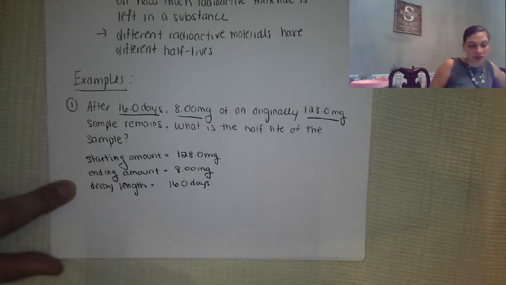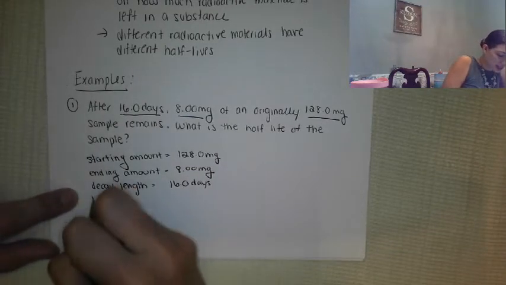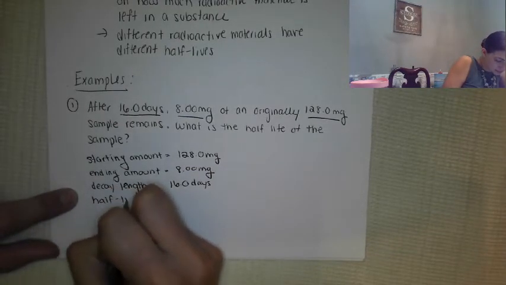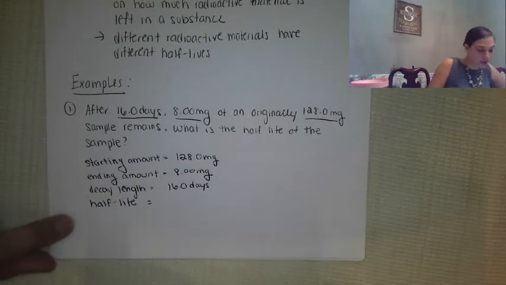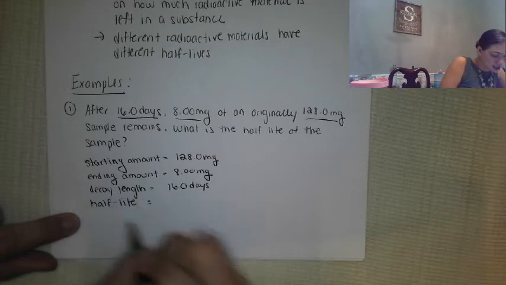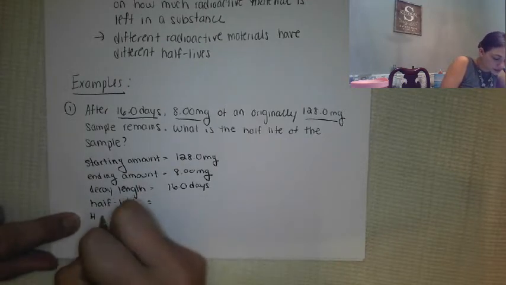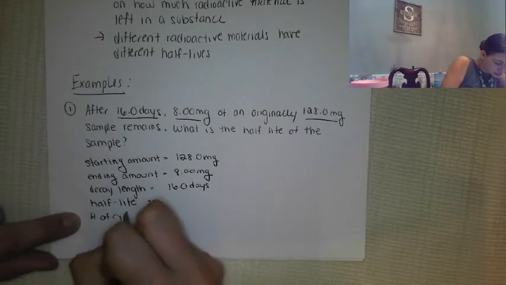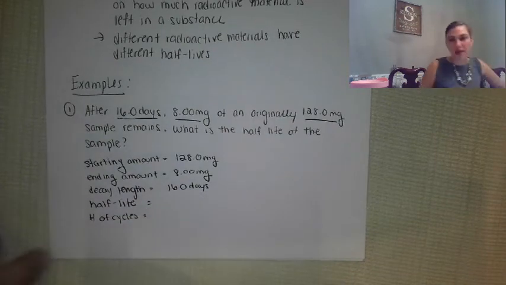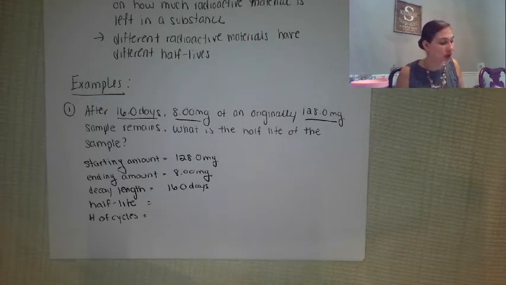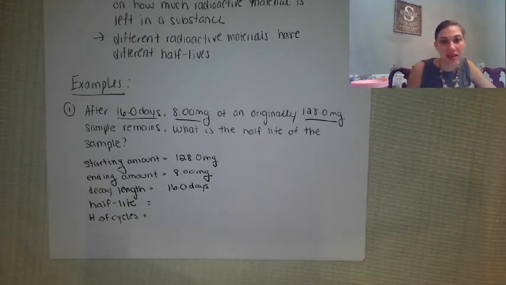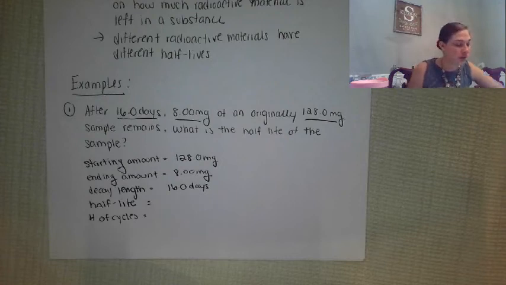What the question is asking for is, what is the half-life? Another thing that you're commonly going to see in these problems is the number of cycles that this went through. When we talk about cycles, we're talking about how many half-lives were able to occur in 16 days. We are going to do this all with simple math.